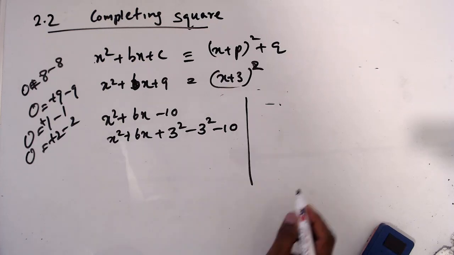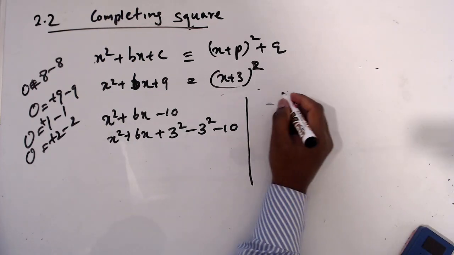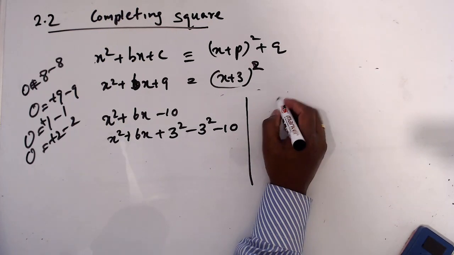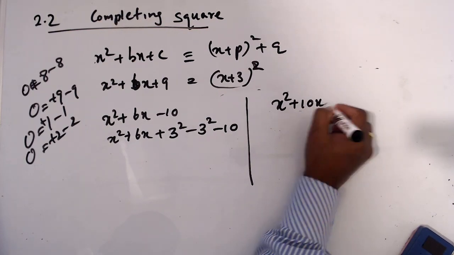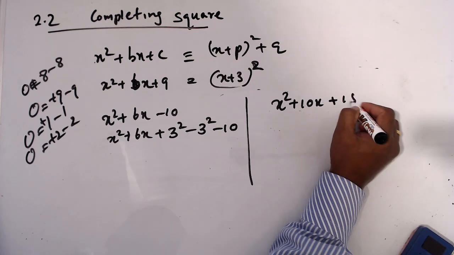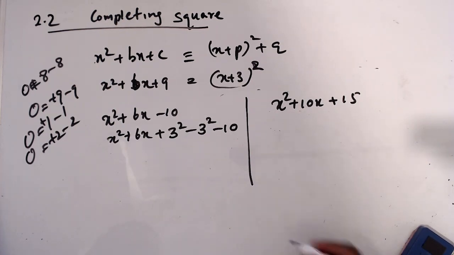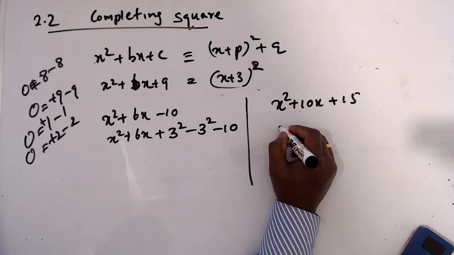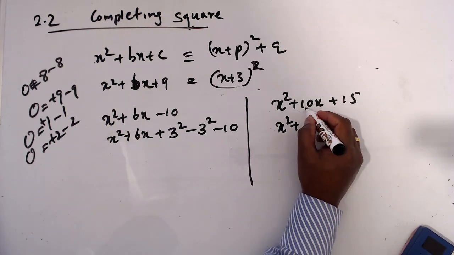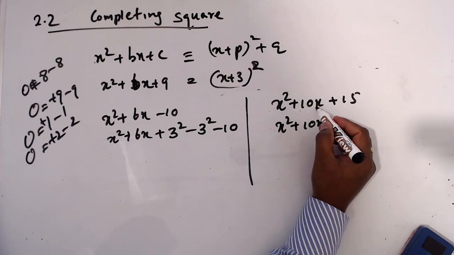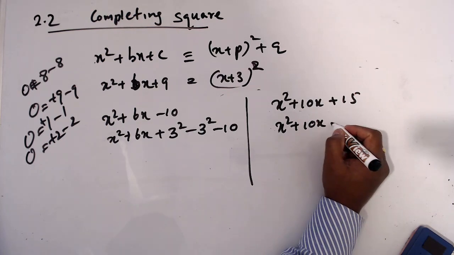How about this one? How do we do this one? We have another one. x squared plus 10x plus 15. Then you write x squared plus 10x. What is half of 10? So you take the coefficient of x, half of 10, 5.